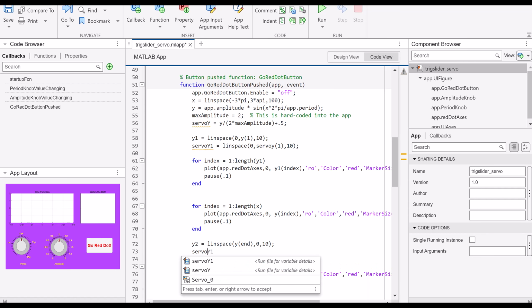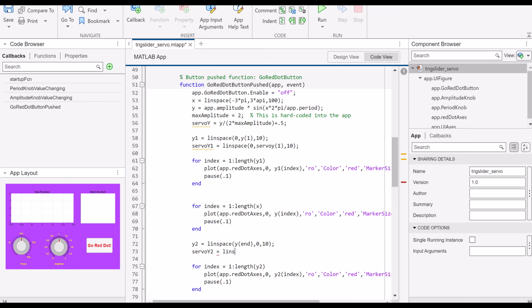And then servo y2 is linspace servo y at end 0, 10. Oh, but I'm not going to 0. I'm starting at half. That was the big change, right? I need to start at a half and then go to the new location, servo y, and not go to 0, but go to the 0.5 location.